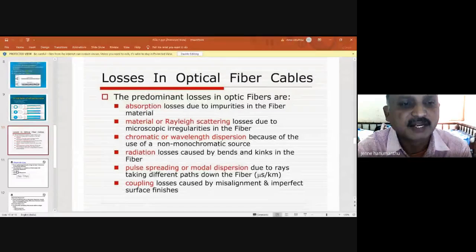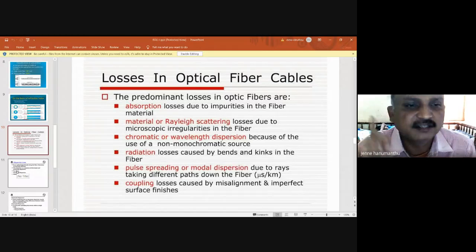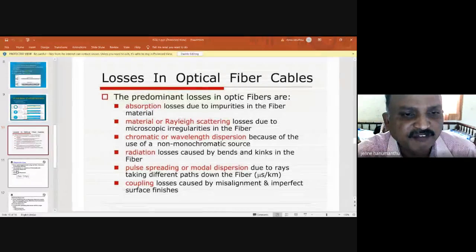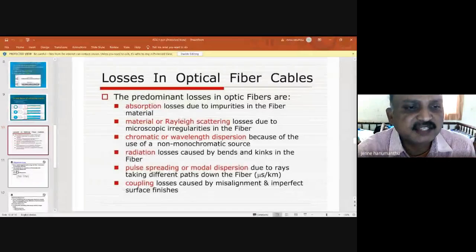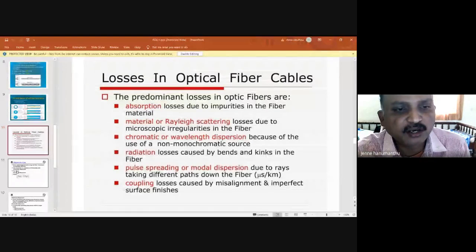In order to understand the meaning of dispersion, I am explaining this: light can be represented as a pulse, a square pulse. So this type of pulse propagates through the core.